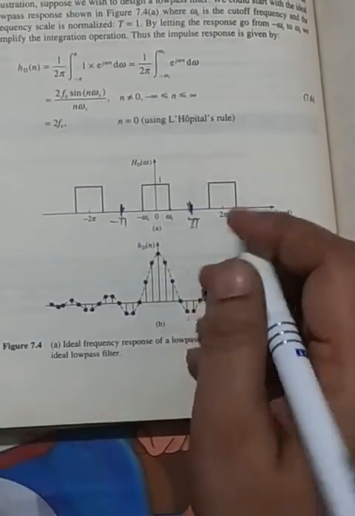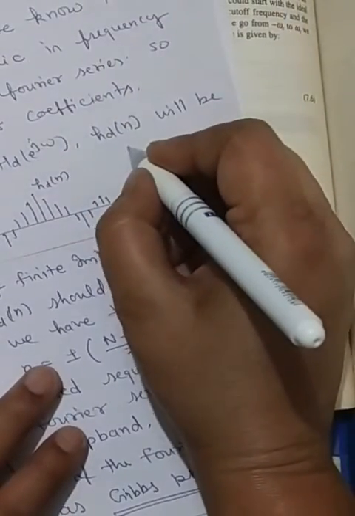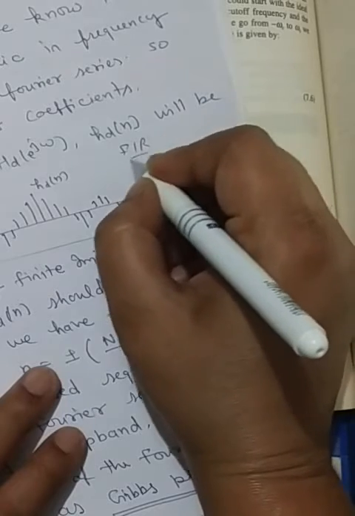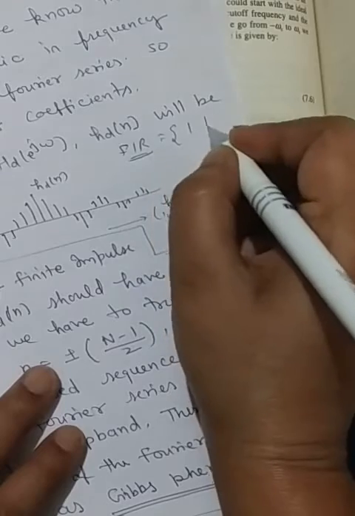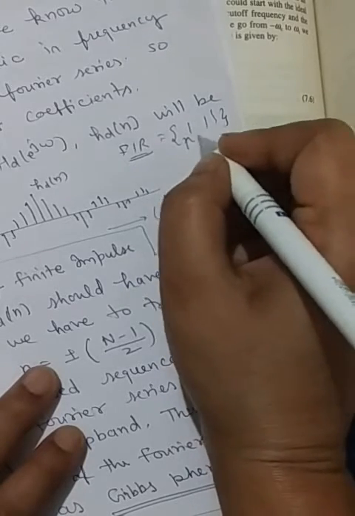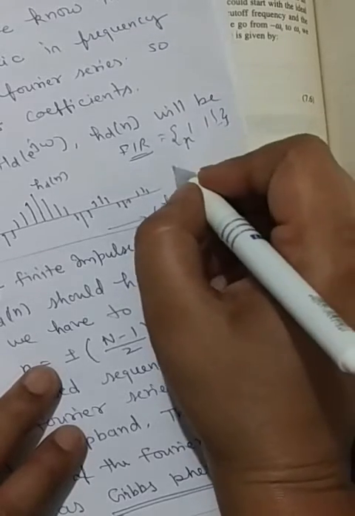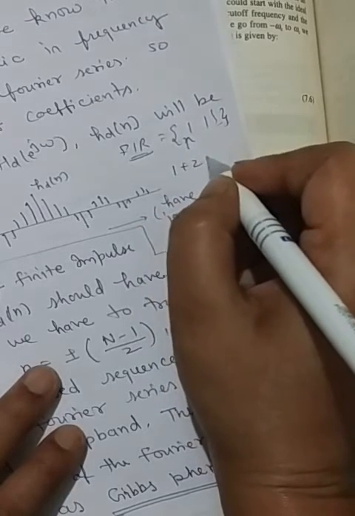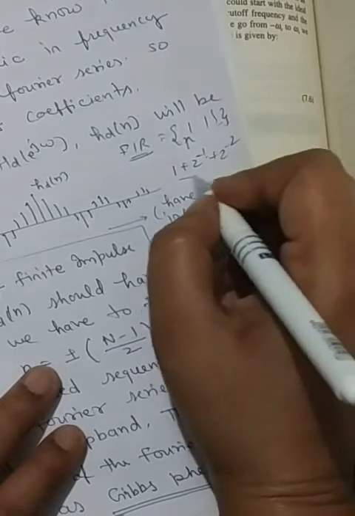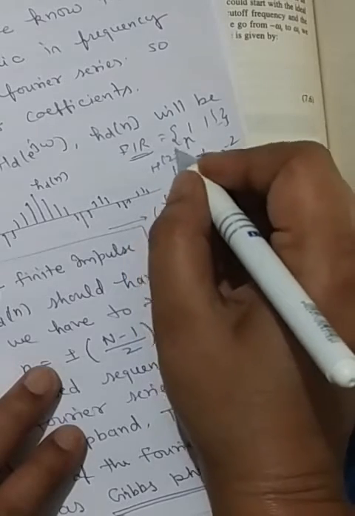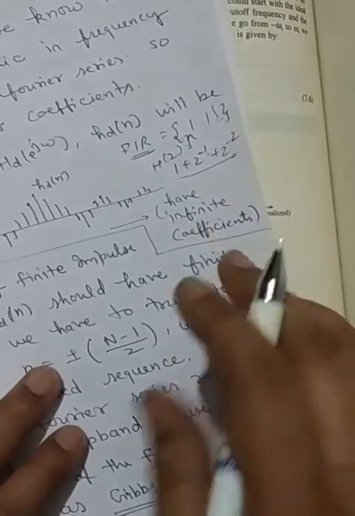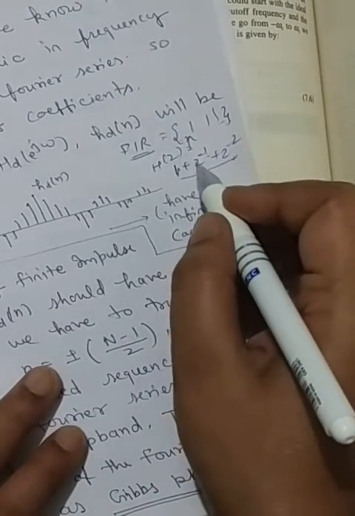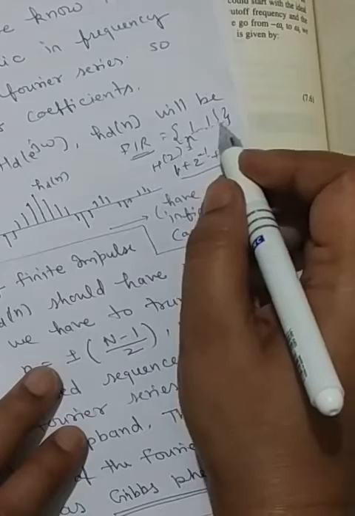In the case of FIR filter, FIR filter means a finite number of coefficients in its impulse response. This is a finite length, so it will be expressed as 1 plus z inverse plus z to the power minus 2, means a polynomial H(z) should have a finite number of terms. So these polynomial coefficients are represented here.